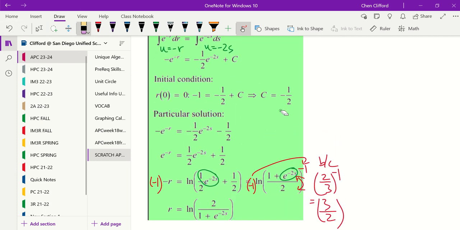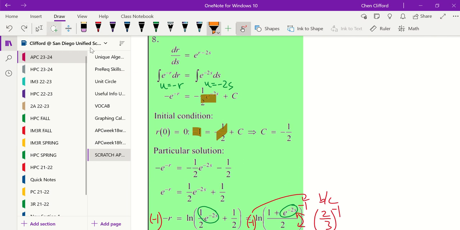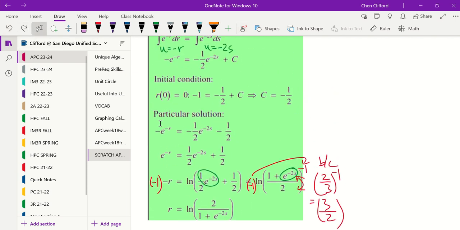So look, we're going to plug in the negative 1/2 right over here, and hence we get that, and these two just got carried down. Now, how do you isolate for r? That's the key question. So the way you would do it is like this. First of all, we're here after plugging in negative 1/2 for c.